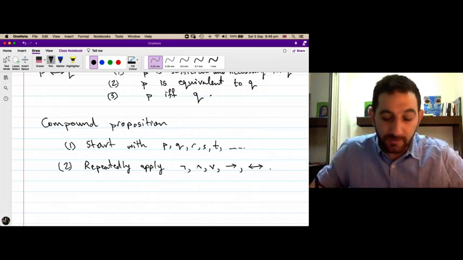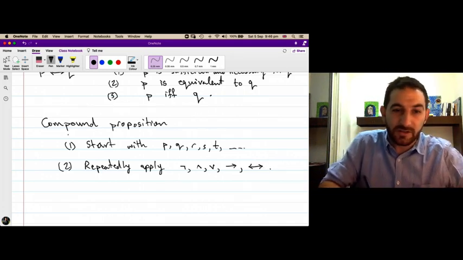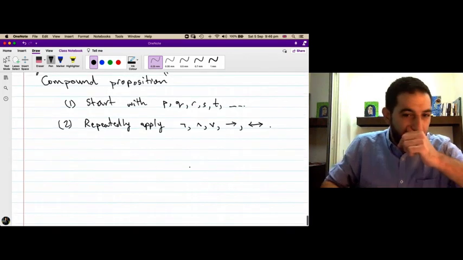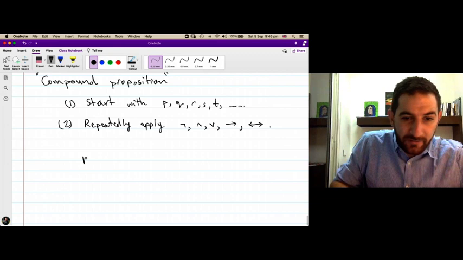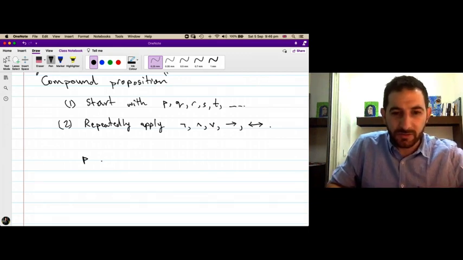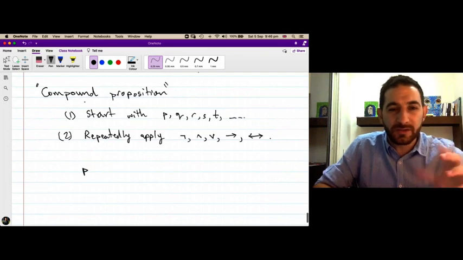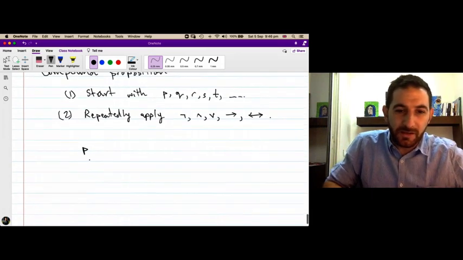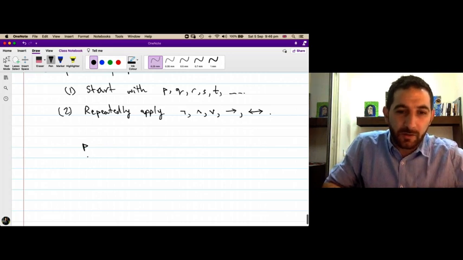Okay, forget about the exclusive or in the construction of compound propositions. So let's have an example. So P itself, P is a proposition or compound proposition. By the way, from now on I will not differentiate between proposition or compound proposition.